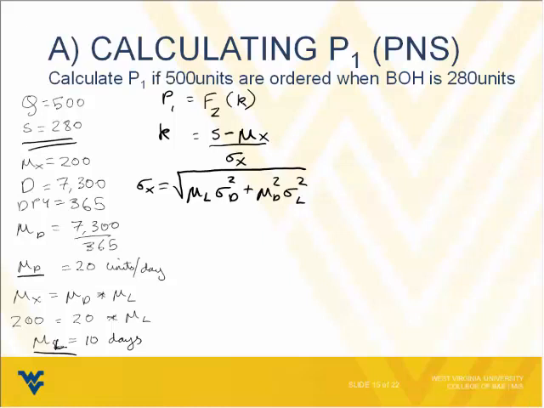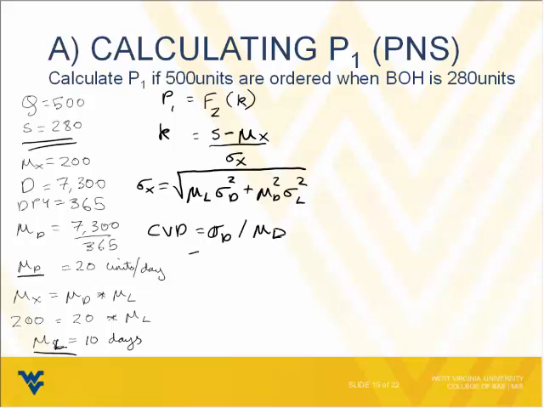What is standard deviation divided by average? It's your coefficient of variation of demand, right? So the coefficient of variation of demand is equal to the standard deviation of demand divided by the average of demand.